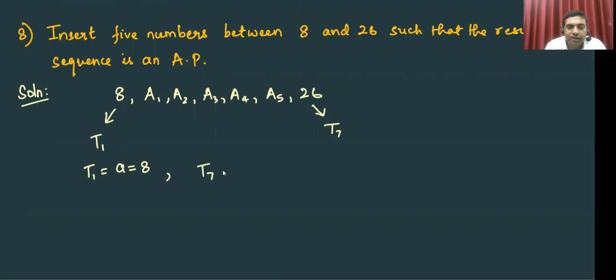Now T7 is a plus 7 minus 1 times d, which is 26. So 8 plus 6d is 26.